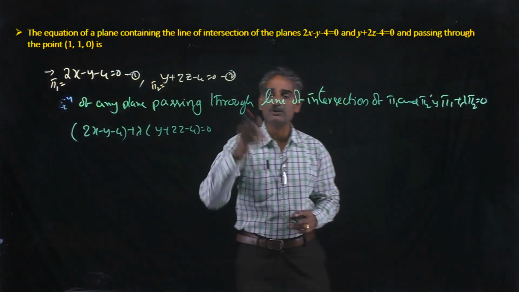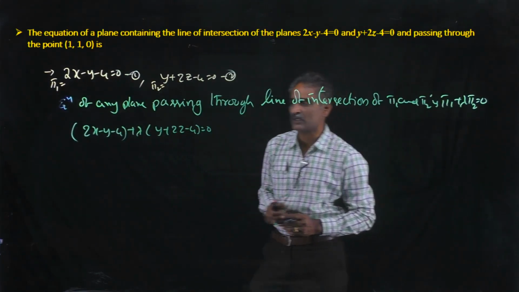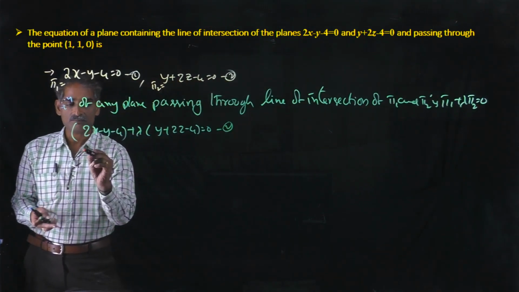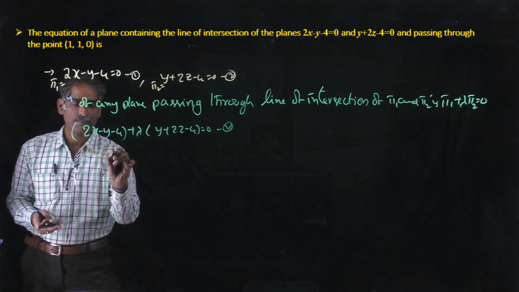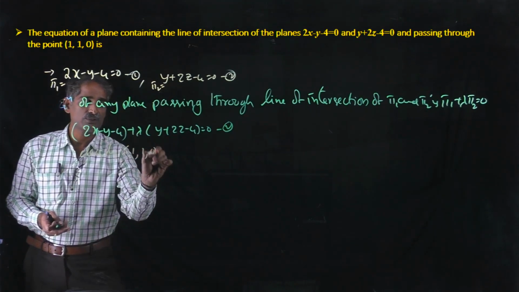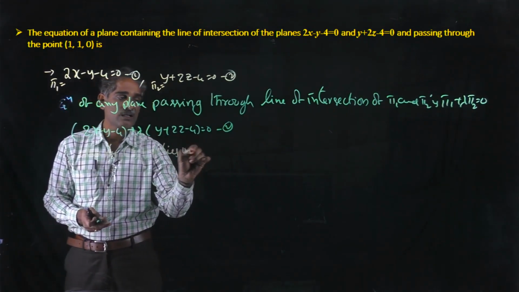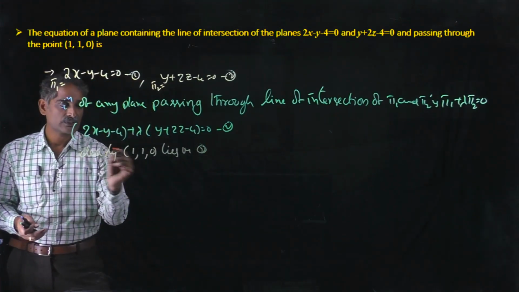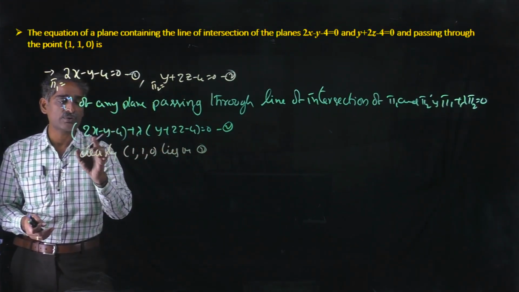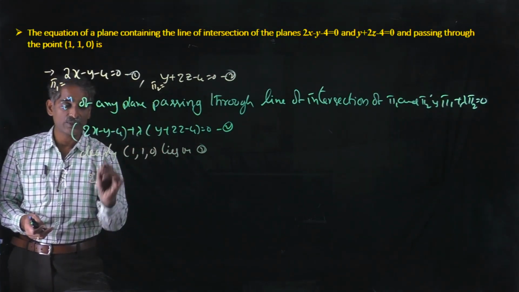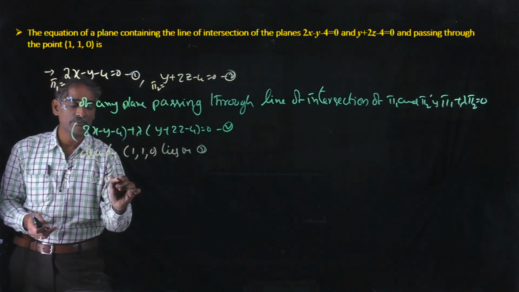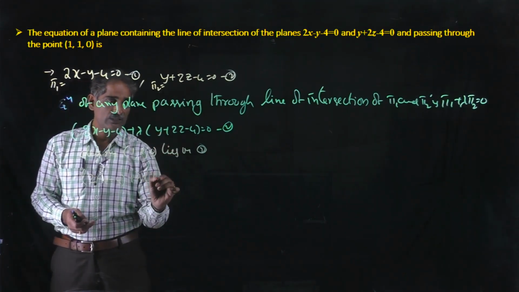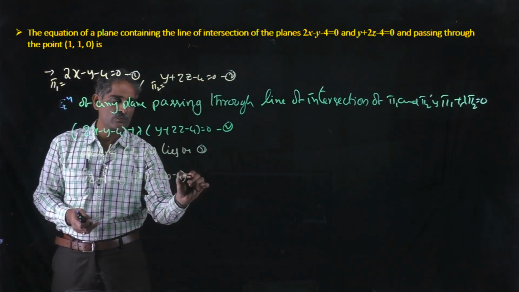Given that this is passing through the point 1, 1, 0, let it be 2. Clearly 1, 1, 0 lies on 2. Then equation 2 becomes, let's substitute 1, 1, 0 in place of x, y, z. 2 into 1 minus 4 plus lambda into 1 plus 0 minus 4 is equal to 0.